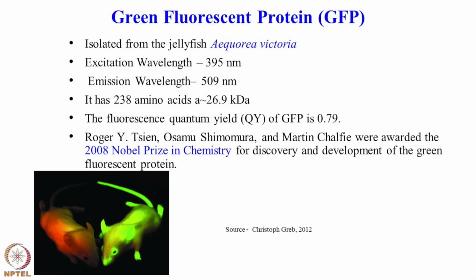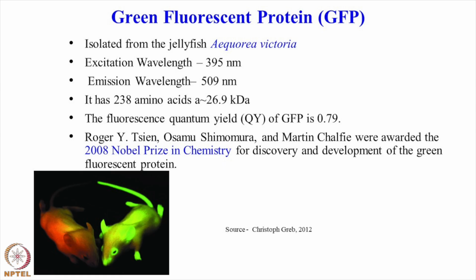Now, another important protein which is an extrinsic fluorophore: we know green fluorescent protein. It was isolated from a jellyfish and it has an excitation wavelength of 395 and an emission wavelength of 509, it emits in green, that is why it is called green fluorescent protein. It is a 27 kD protein and its quantum yield is very high, 0.79, almost 80% quantum yield, right.